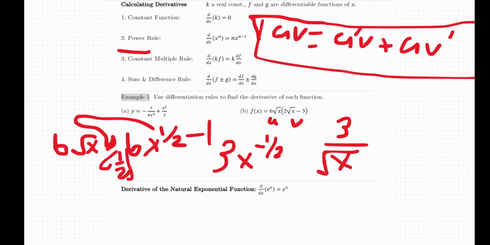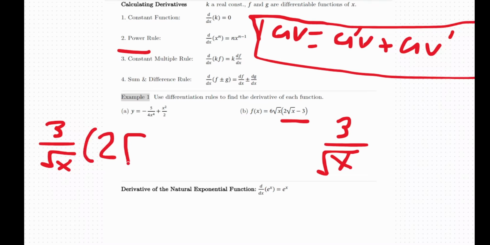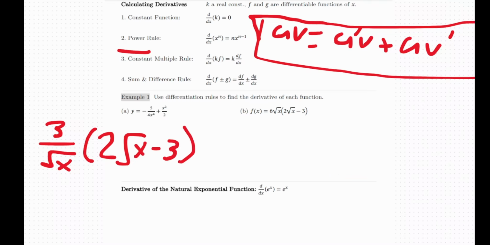So that's why the derivative of u here is 3 over radical x. And now we can take that for u. So we have 3 over radical x times v, in this case, is times 2 radical x minus 3. So that's going to be your first part. So in context, that's just this.